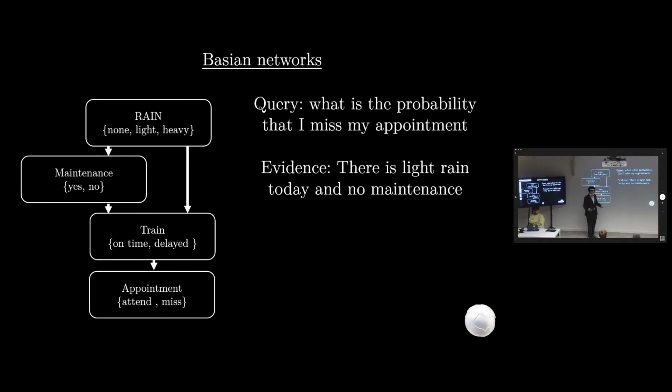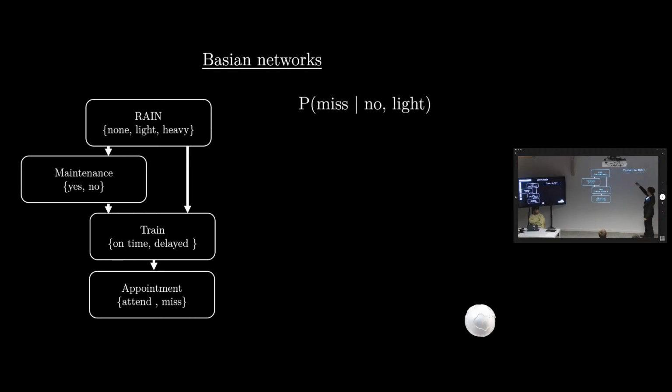And I'm telling my AI there is light rain today and no maintenance. The first step is to change this natural language problem into a probability question. So the probability that I miss my appointment is equal to the probability that I miss my appointment, given that there is light rain and no maintenance.